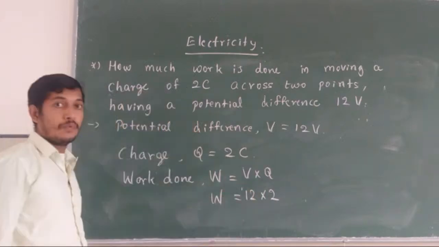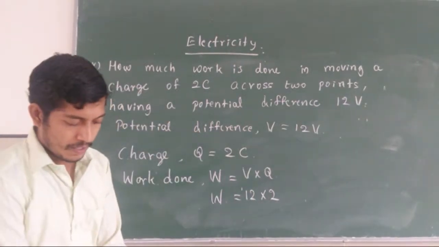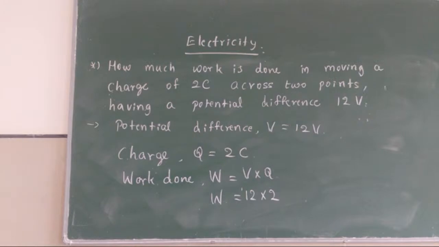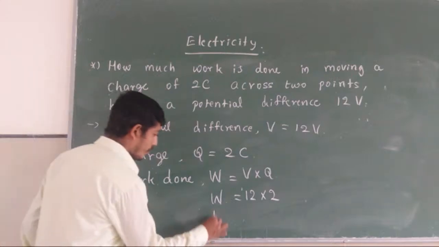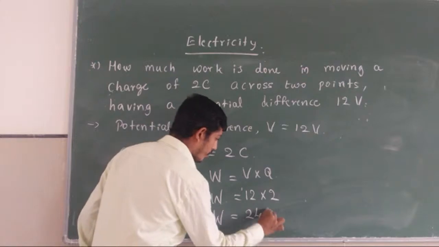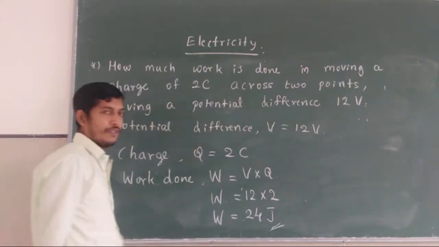Now tell me the answer with SI unit first. What is the work done here to move that 2 coulomb charge across the potential difference? That is W, work done, equals 2 into 12, that is 24, and the SI unit of work is joule. So I will write it with a capital J.